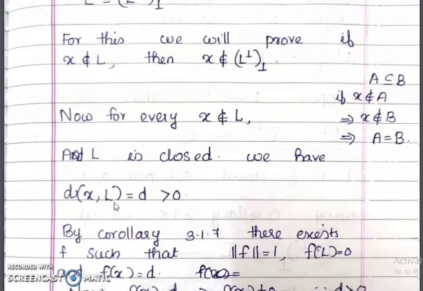That means if D is the greatest lower bound, then D plus epsilon cannot be a lower bound. That means there exists a sequence y_n, or you can take there exists a y such that norm of x minus y is less than D plus epsilon, and you choose epsilon equal to 1 by n.